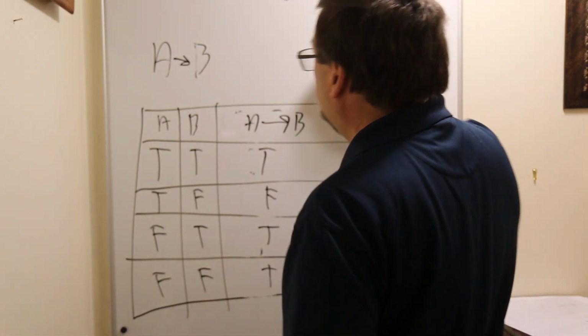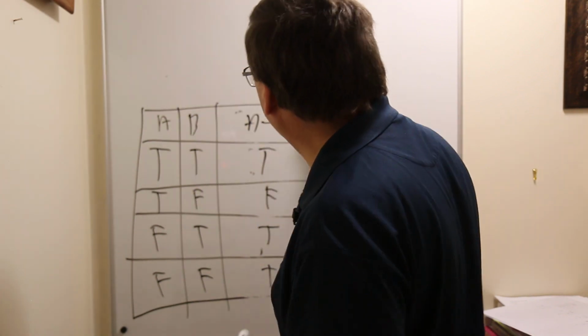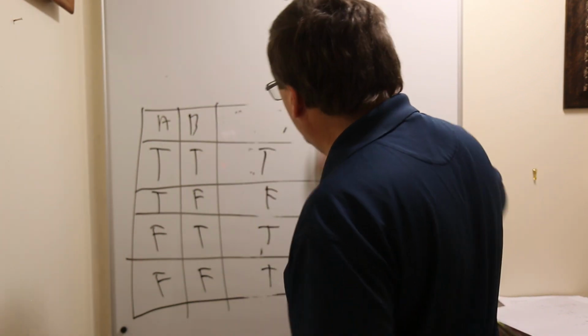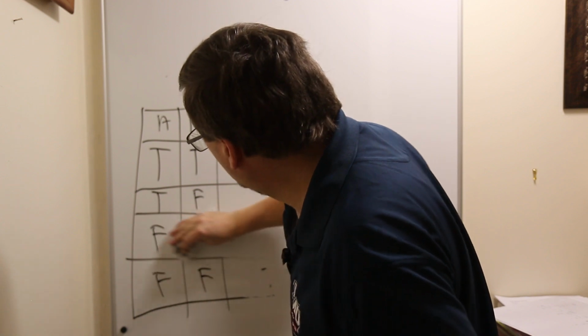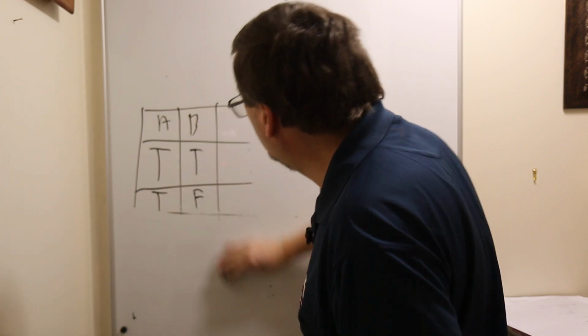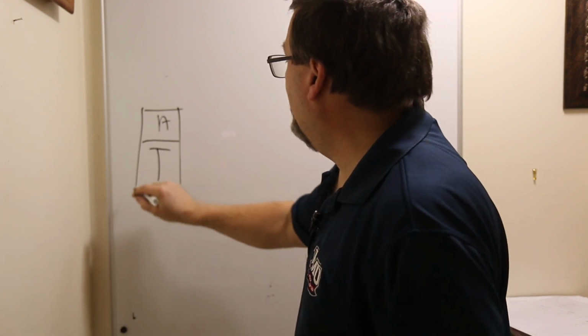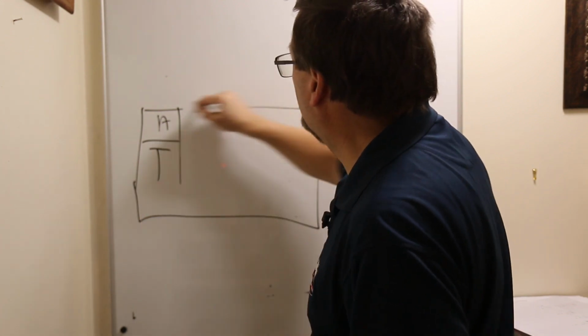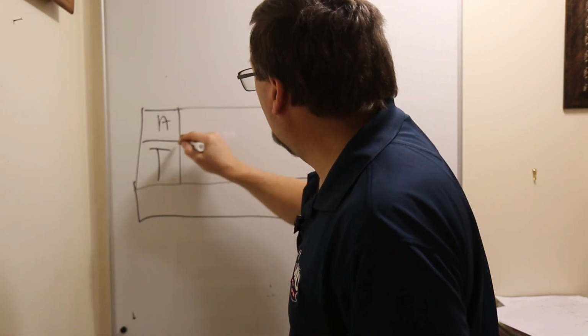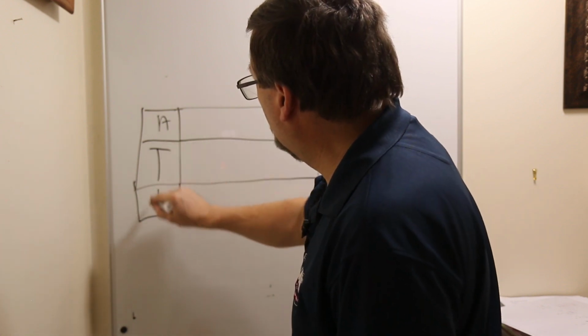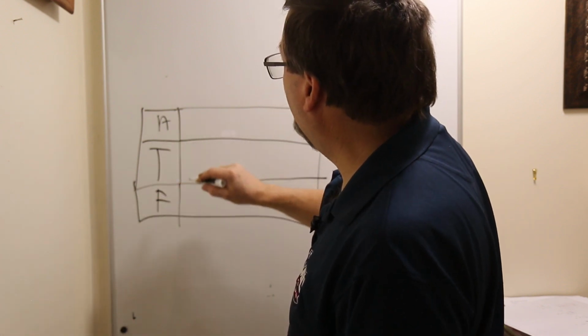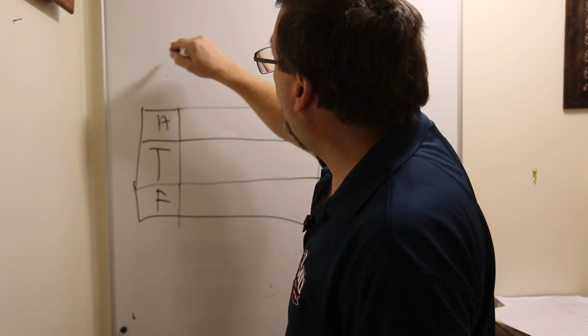Now, these are all with two statements. We have some that only have one. And so, in that situation, we only need a true and a false, and that is we can do NOT.